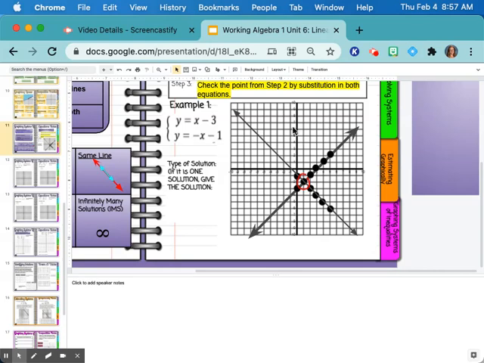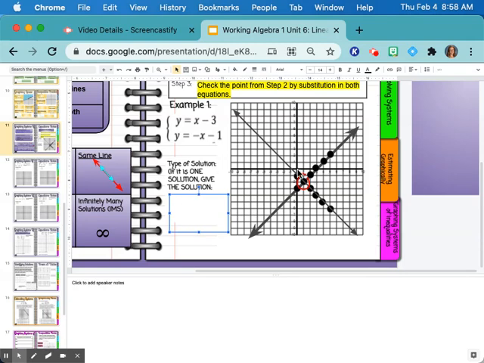Make sure you extend both lines all the way across the whole graph. Okay, so it is one solution.